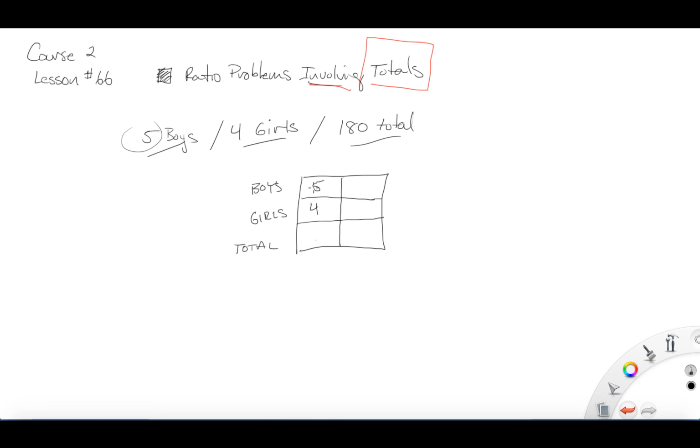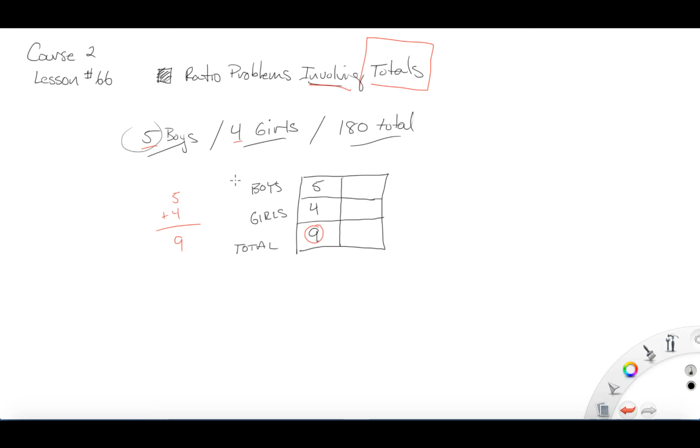We don't know the total. Well, actually we do, because 5 plus 4 is 9. Now, I'm going to circle 9 because this is an important part. It didn't give us 9 in our question, but we had to derive it. So 5 plus 4 equals 9, and that is what is filled in here.